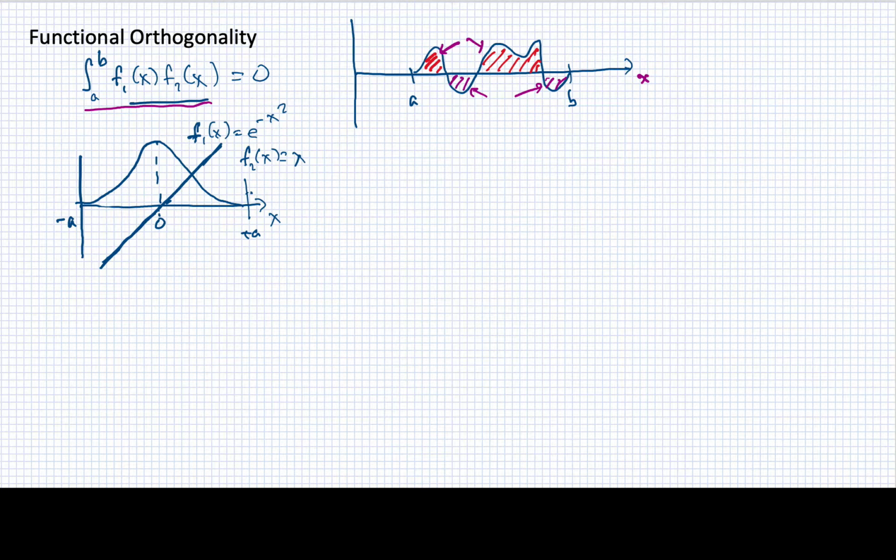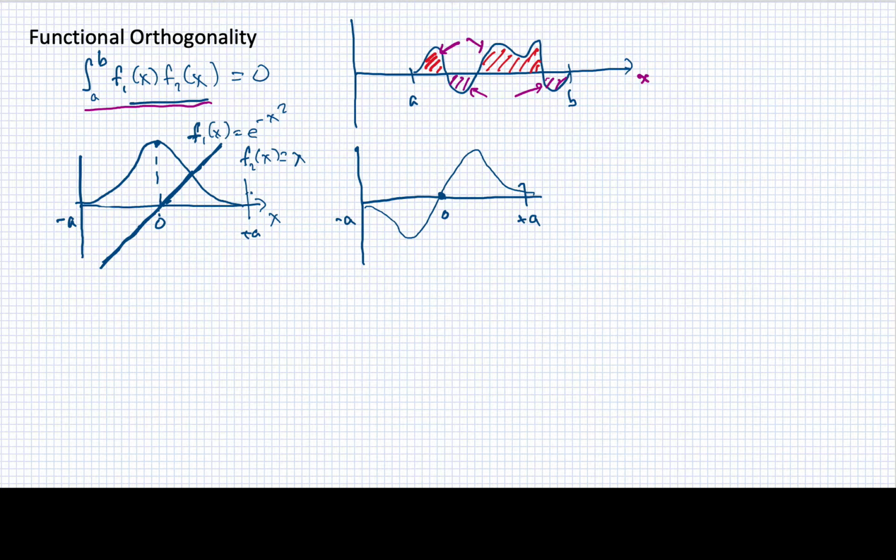All right, now when I multiply these two functions together, it turns out I'm going to get something that looks like this. It's going to come down and then go up and then come down again like this. So when I go from minus a to plus a, I'm going to have a function that looks something like this, and this is the 0 point. This is where the f of x equals x function is equal to 0, so when it multiplies this, even though the Gaussian is at its peak, we're going to get a 0 out of that.